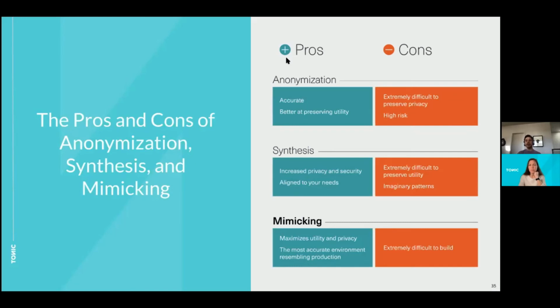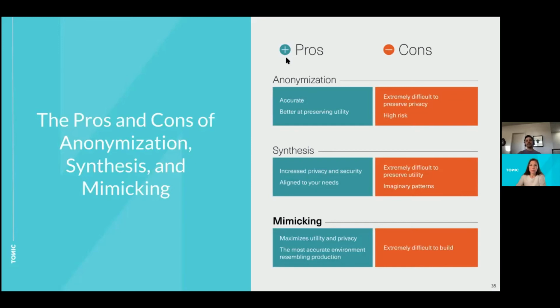So you need to be careful about how you apply it. I think it can be sufficient in certain circumstances if you take it far enough. If you go all the way down to making sure that you have statistical replacement of any fields that can possibly be used to re-identify a person, then you can look at that. But it can be very difficult to create sufficiently private data using anonymization alone.